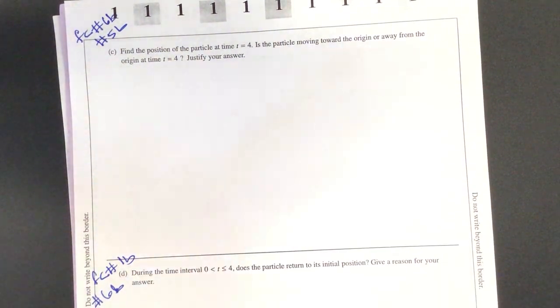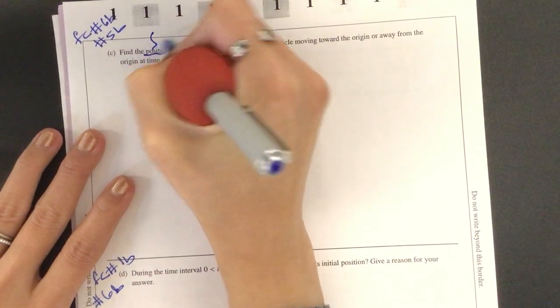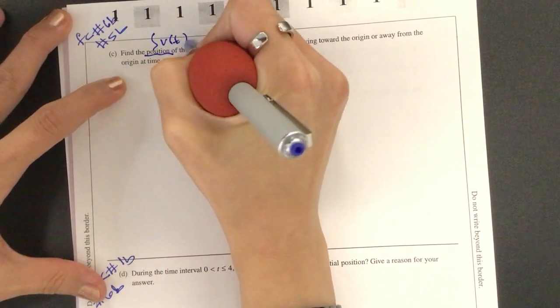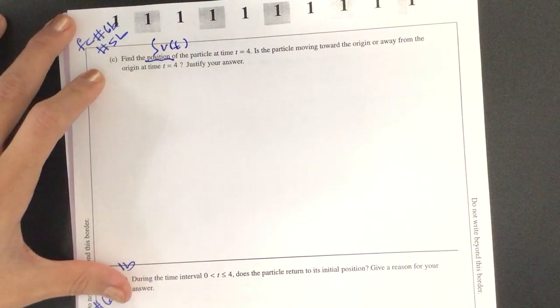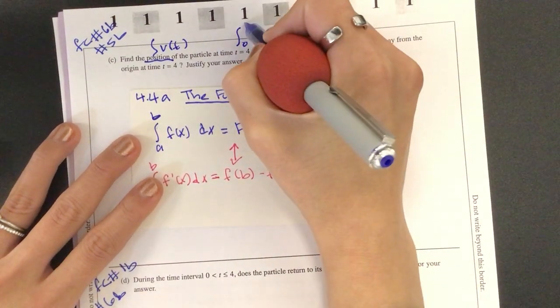Okay, so on this one, we're looking at t is equal to 4, and I want to figure out the particle. Because it's a particle, and I gave you the velocity equation, I need to go backwards. So I want you to put on here, the position is the integral of the velocity. And then I want to go ahead and use the formula on this one. So we know our velocity is starting at 0, and I'm looking at it from 4.